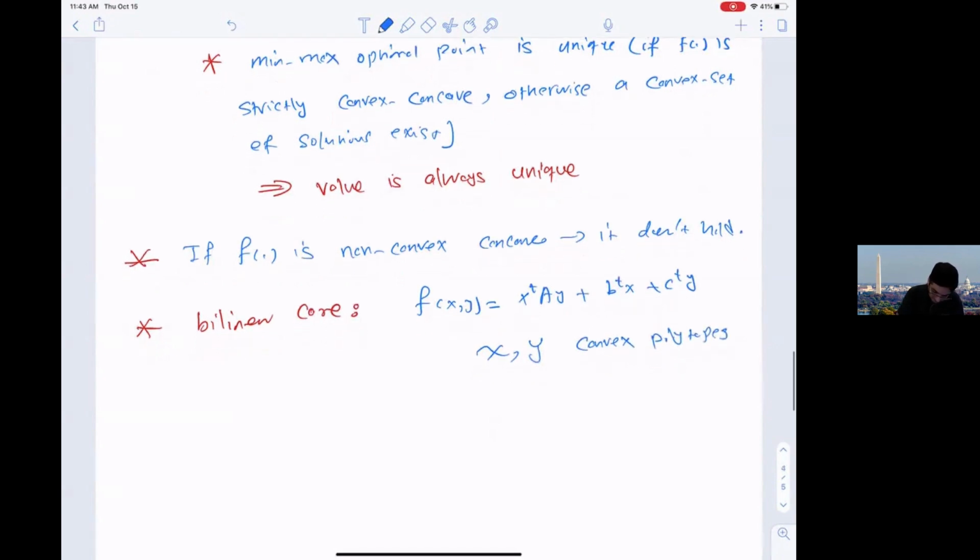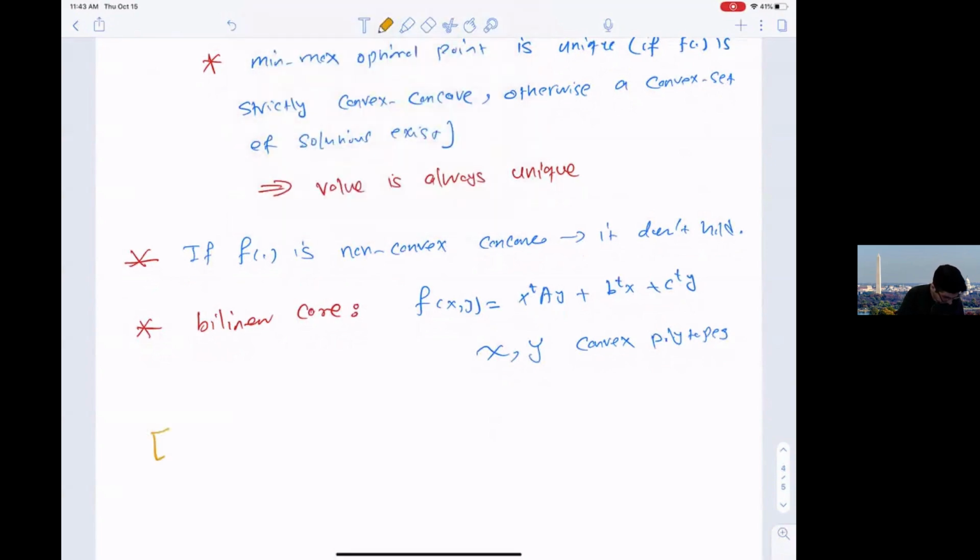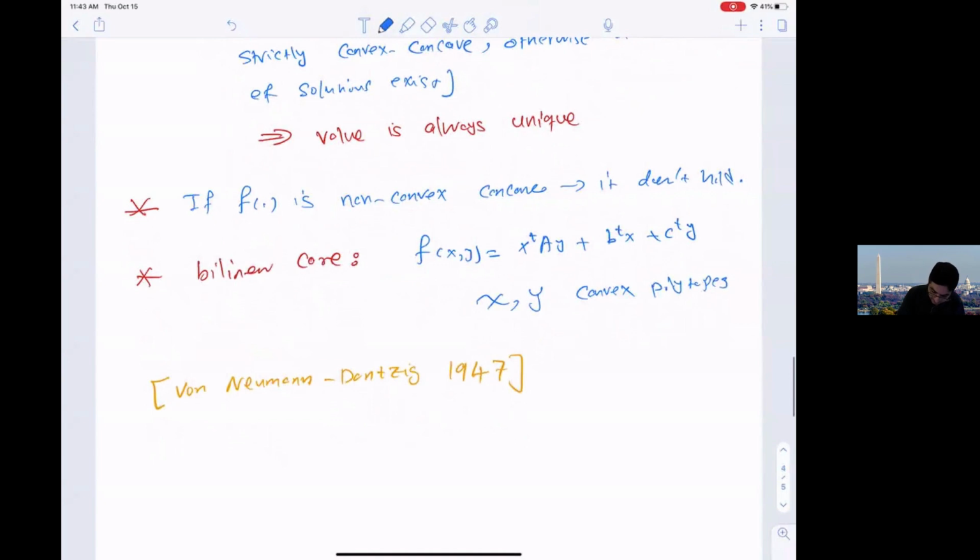In that case, again, we have a very classical result by Von Neumann and Dantzig from 1947, that they showed that there is a very strong connection between the min-max theorem and the strong LP duality.